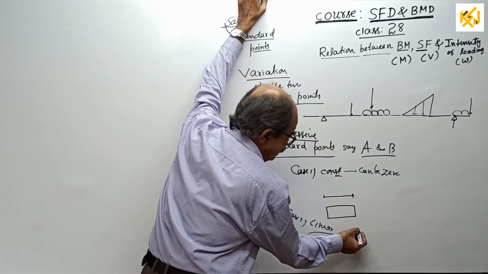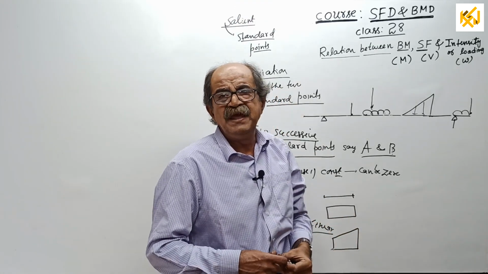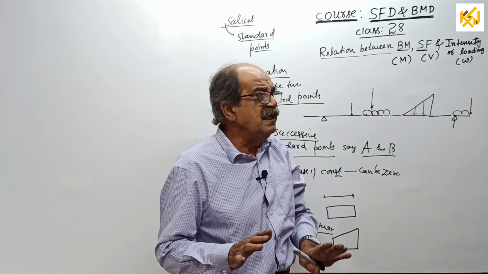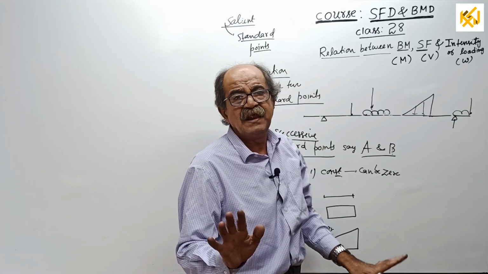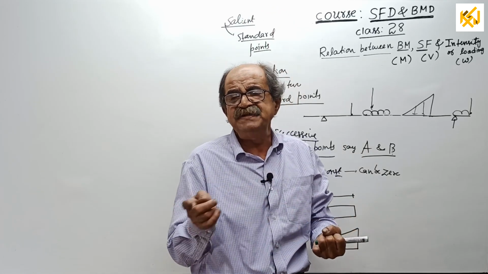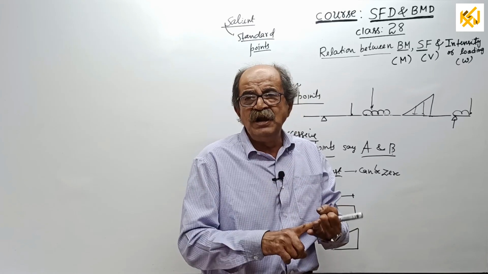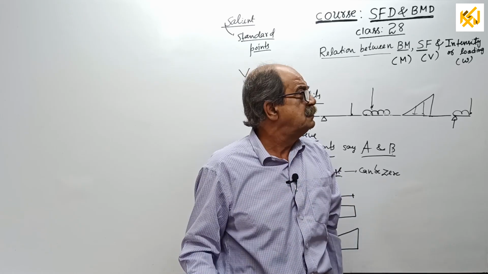Linear variation means join by a straight line. So you do not require any ordinate other than the two standard points if it is linear. So between two successive standard points, 0 or constant or linear, absolutely no problem.